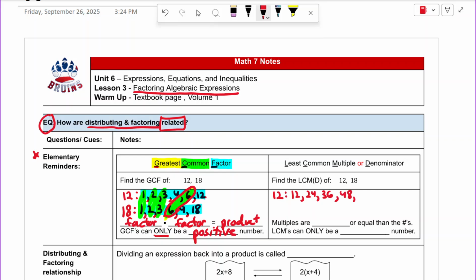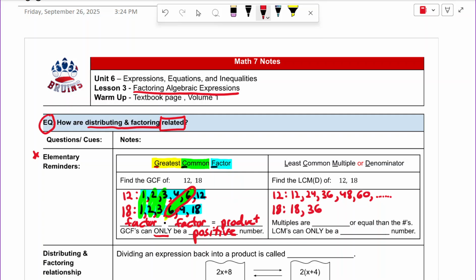It's going to go to 60, and it never stops. It just keeps on going. There's an unlimited amount of multiples of 12. Then we list 18, and our 18s are 18, 36, and I can stop right there because we have already found the least common multiple.